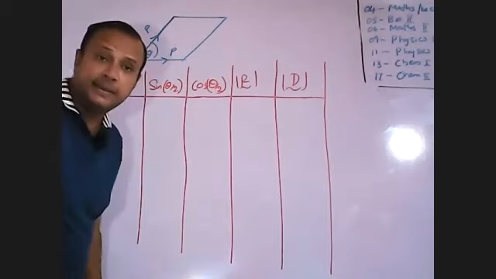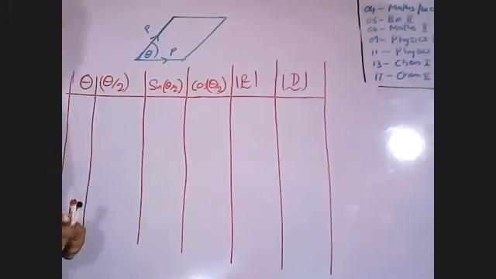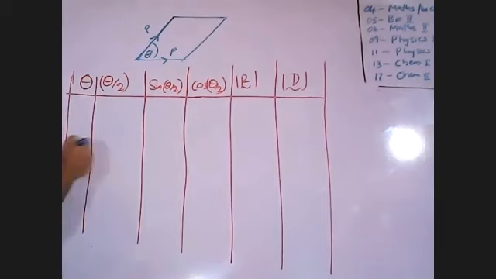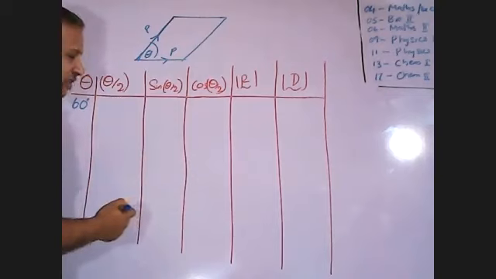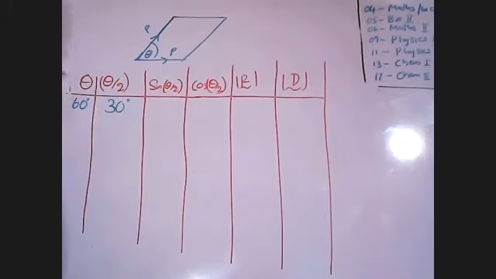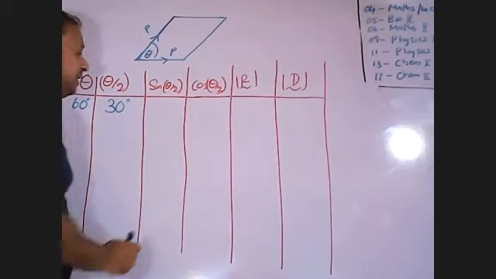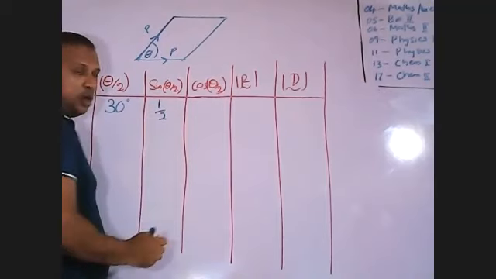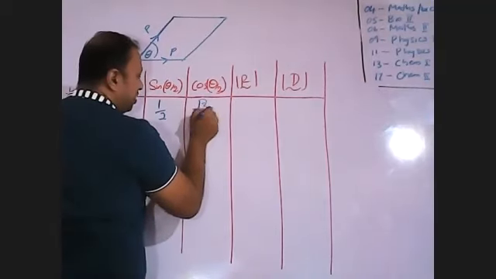The angle between the P's is theta. Suppose theta is equal to 60. Then theta over 2 means half of 60, that means 30. Sin 30 is equal to half. Cos 30 is root 3 over 2.